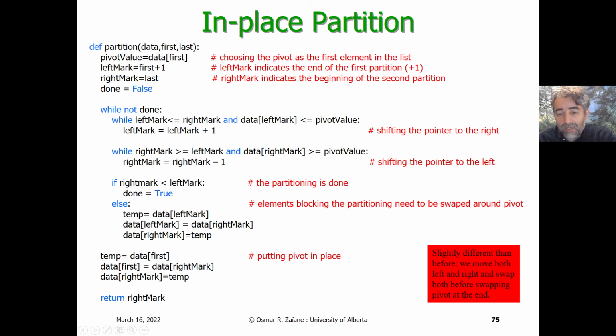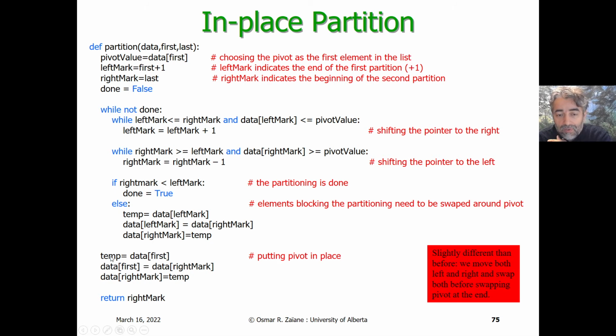Temp is equal to data of left, data of left is the data of right, and data of right is temp. That's a simple swap. So I keep on swapping them because they're not in the right place. Then, when I finish this loop, I basically have the right mark, which is indicating an element that is smaller than the pivot, and I will swap it with the pivot.